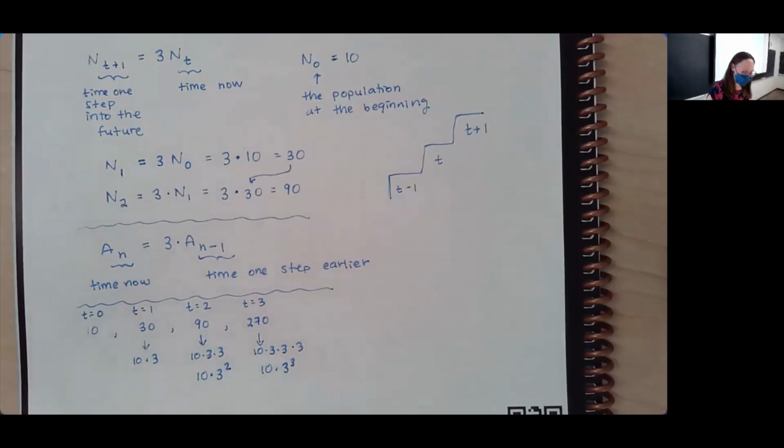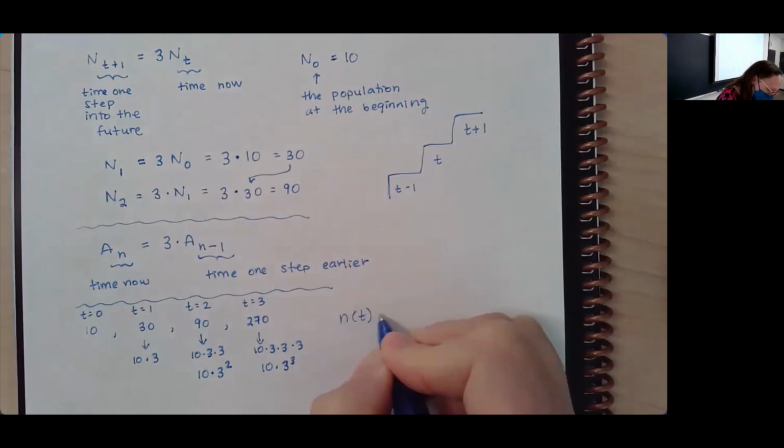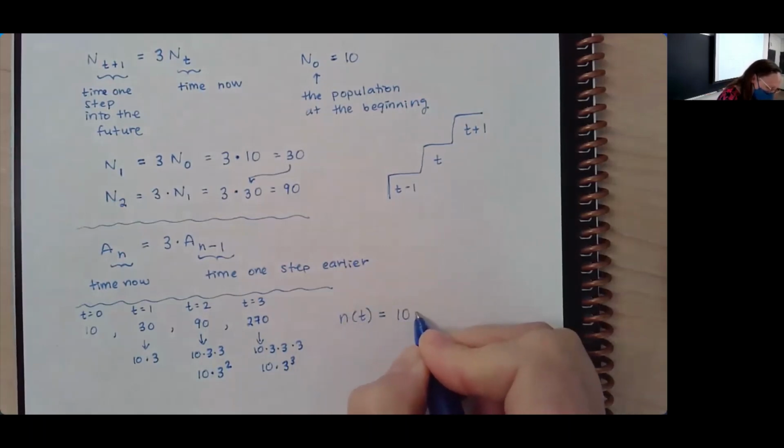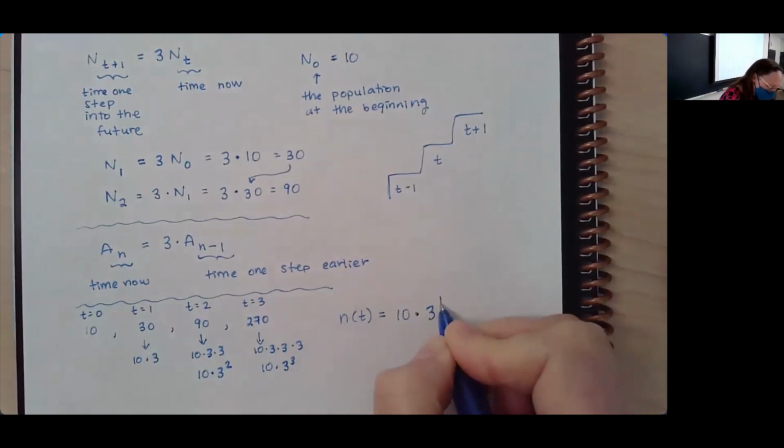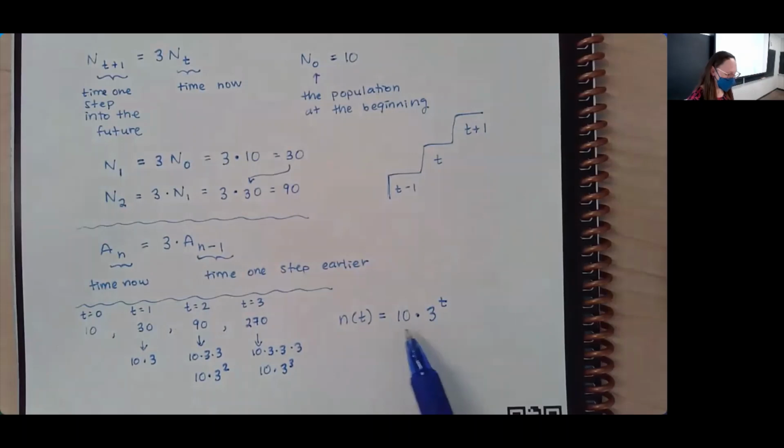So our shortcut way of writing that would be to say something like n of t is equal to 10 times 3 raised to the t. And that represents an exponential growth equation. It's exponential because this is an exponential. My base is 3, which says I'm tripling each unit of time. And that 10 out in front is telling me what that initial population was.